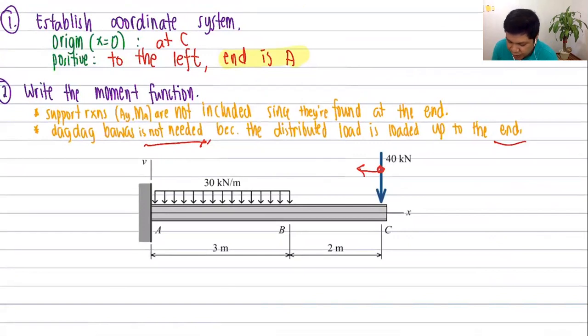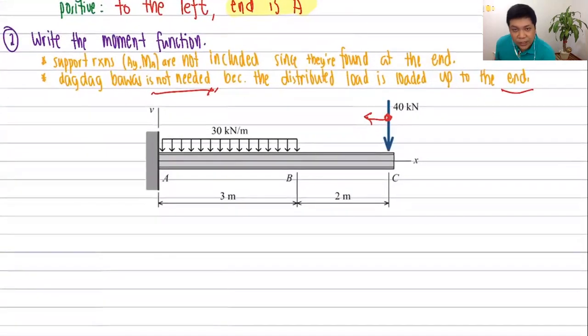So the load is already found until the end of the beam, which is at A. Therefore, how about the 40 kilonewton load? It's now included. Point C is not the end.